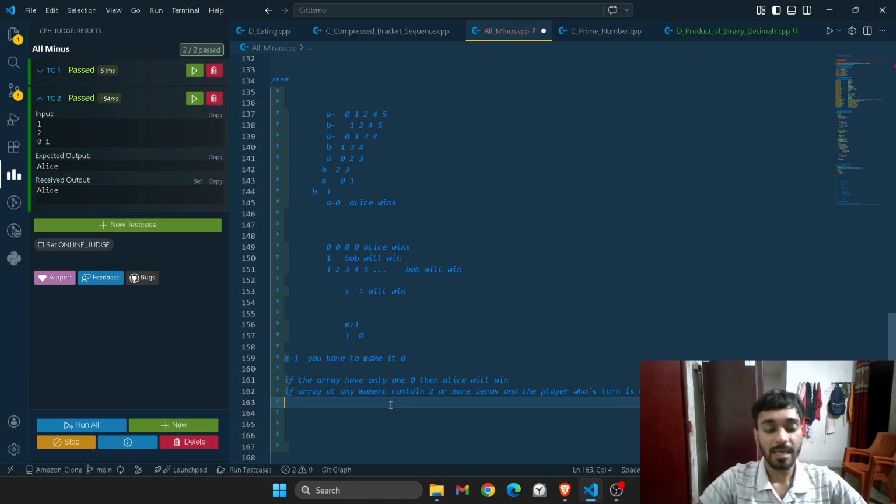Another condition is that if m is greater than or equal to 2, then the player whose turn it is will win. Why?